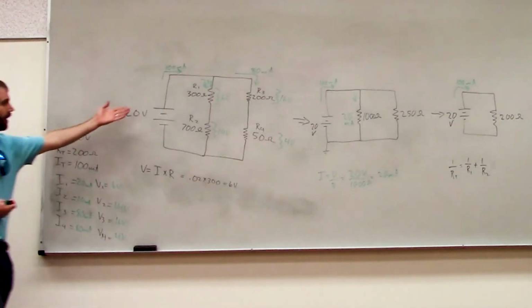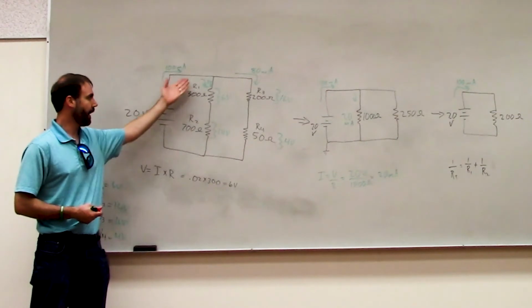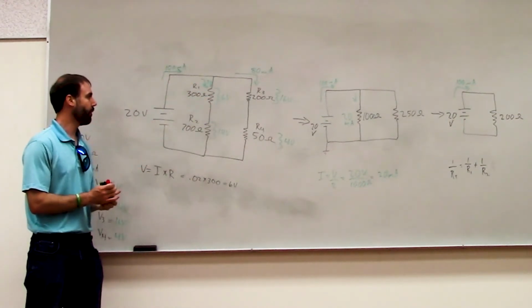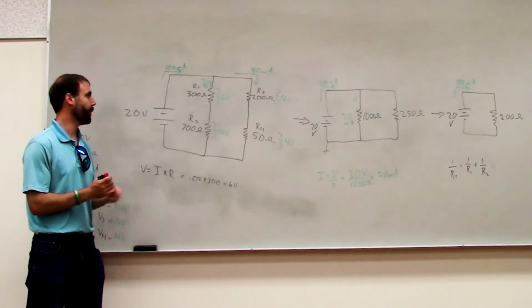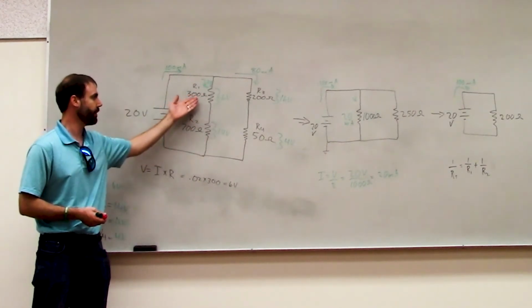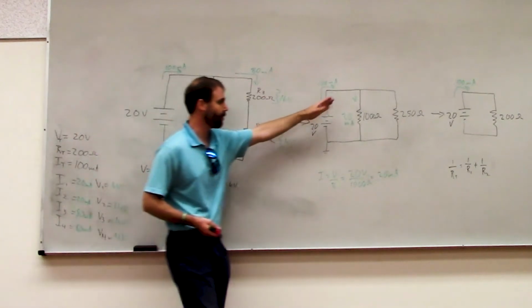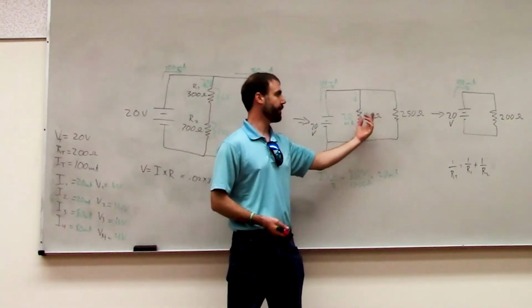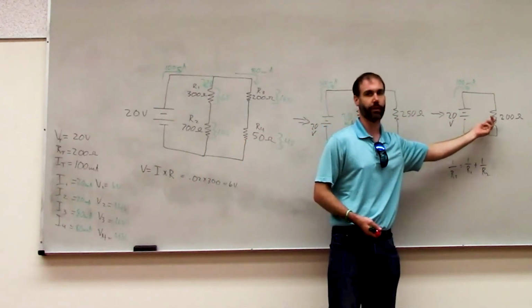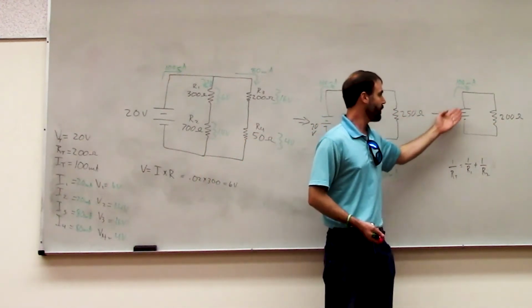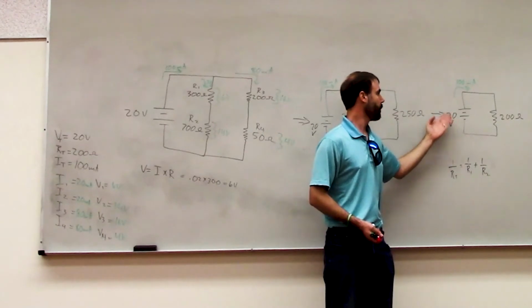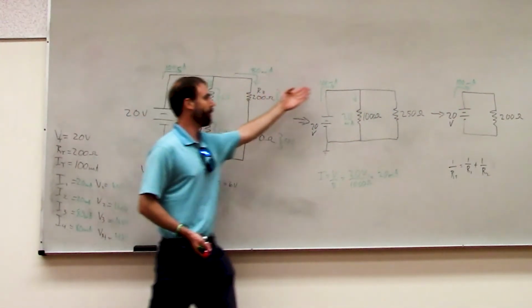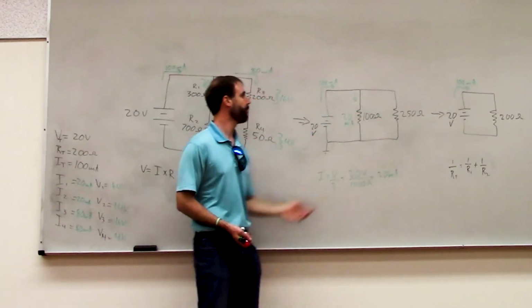So we took this complicated circuit that had some elements in series and some elements in parallel, and we simplified it step by step. We looked to see which elements were in series. We simplified those first and redrew the circuit like this. And we saw that we had 2 resistors in parallel, so we could simplify them into one single resistor. Right? And then once we had this single resistor, we figured out the total current. Then we figured out the current through each branch.